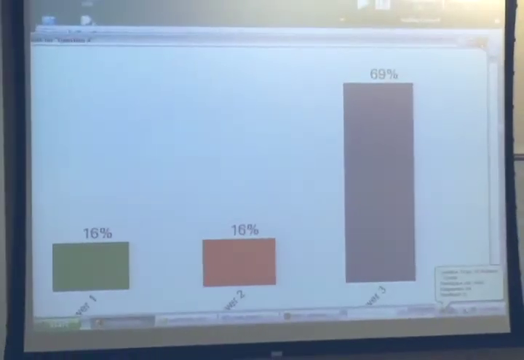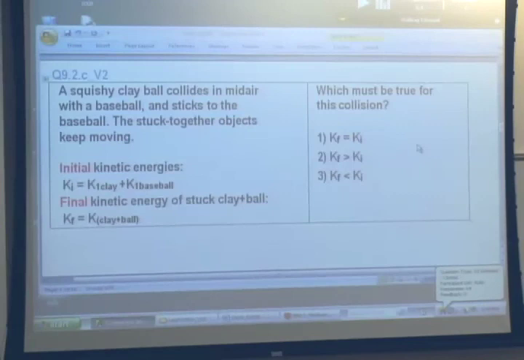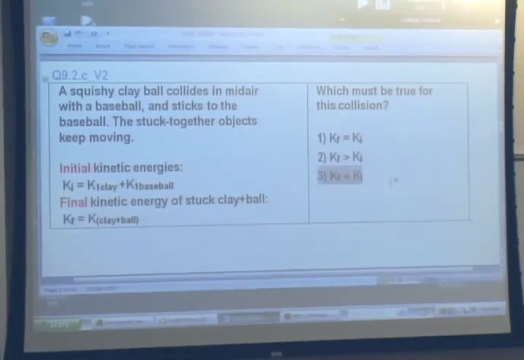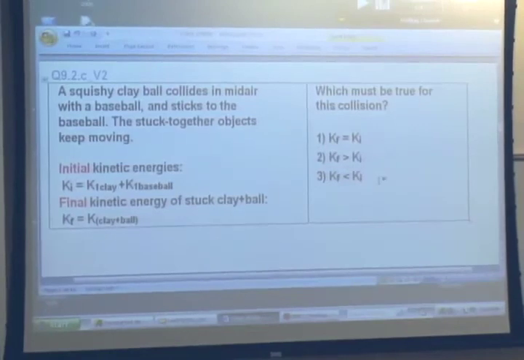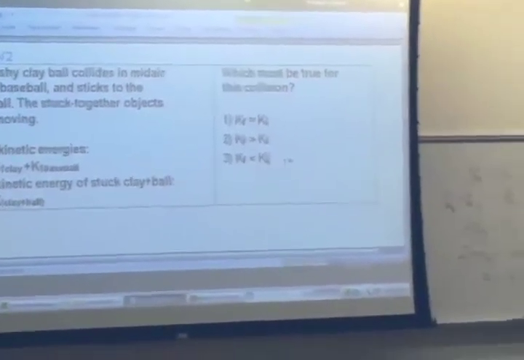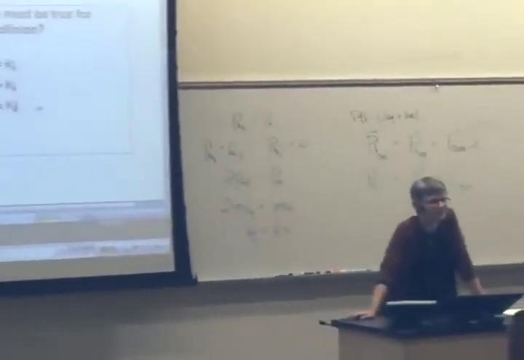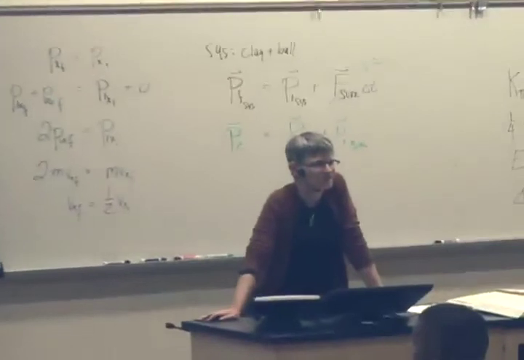Okay, so now a fairly large majority say that the final kinetic energy of the system is actually less than the initial kinetic energy of the system. What do we know about this interaction that suggests that this would be the case?